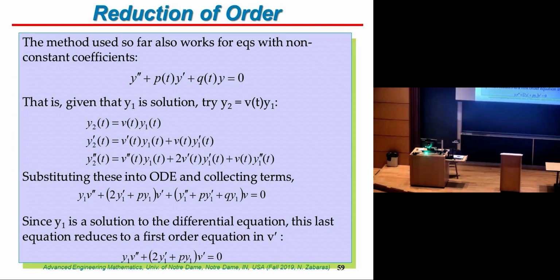Set v prime equal to some function u of t, all right? Then this becomes a first-order equation in u. Solve for u, and once you solve for u, you can go back and compute v, okay? So you basically set v prime equal to u. Once you compute u, then you have to integrate that to compute v.